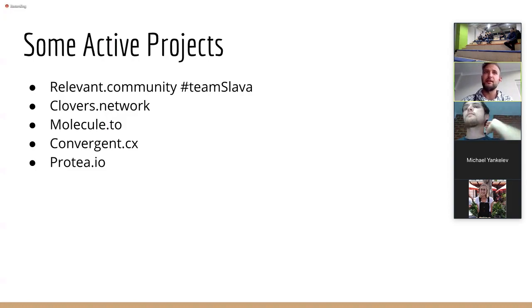The links are in this slide. Clover is a very interesting project. It's basically an array of dots that are randomized art pieces, and say these randomized dots appear as an alien or a hat or maybe a puppy, who knows. You could then buy into that as an NFT and then sell it out to a market. Then there's Molecule, Convert, and Protea, which we already discussed.